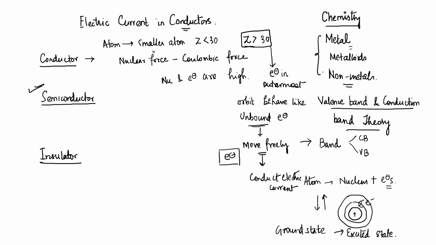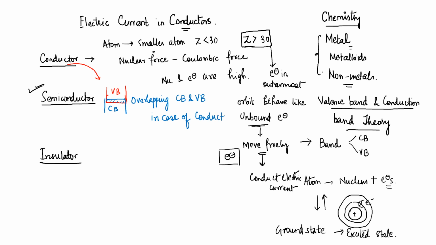Another one is this, our conduction band and valence band. See, if I say this is my valence band, then for metals, for conductors, we will have the conduction band CB overlapping it. They are overlapping each other. Overlapping of the conduction band and valence band in the case of conductors.